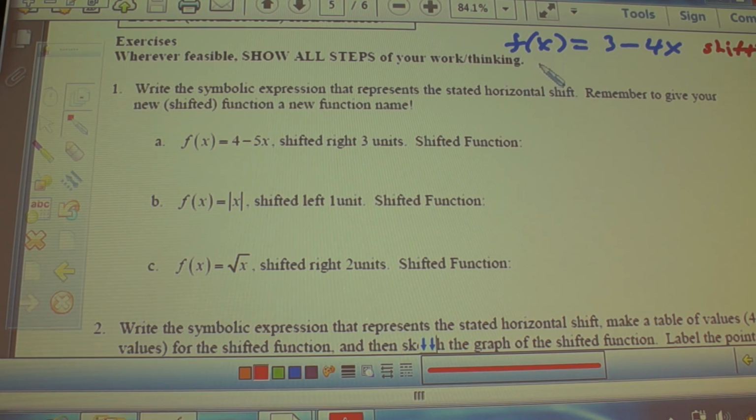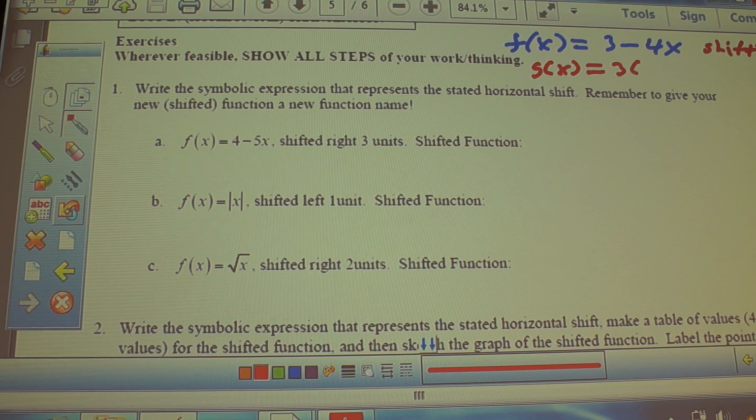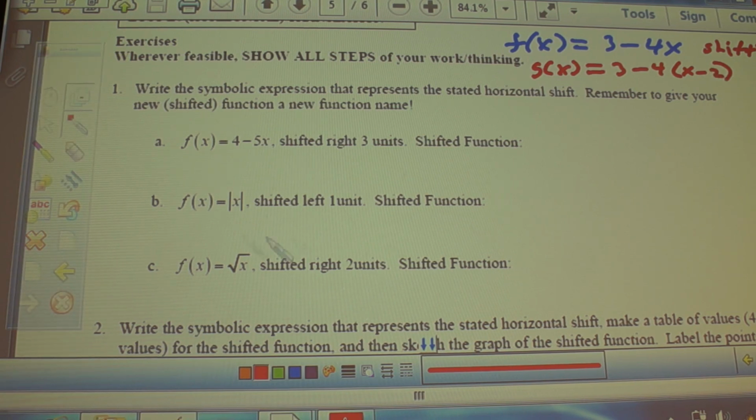I would do g of x is equal to 3, giant parentheses, oh sorry, no, that's on x. When I see an x, I do a giant parentheses. Here's my x. What goes inside the parentheses? x minus, right means minus. So 2 to the right, minus 2. Okay, you guys do A.